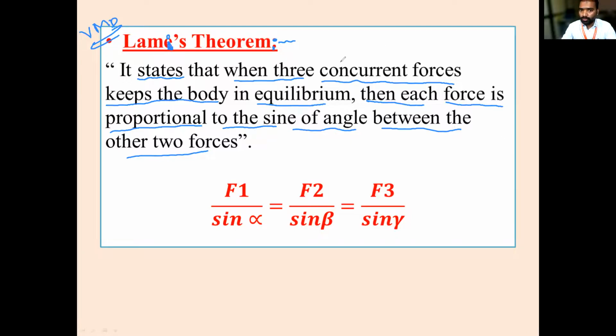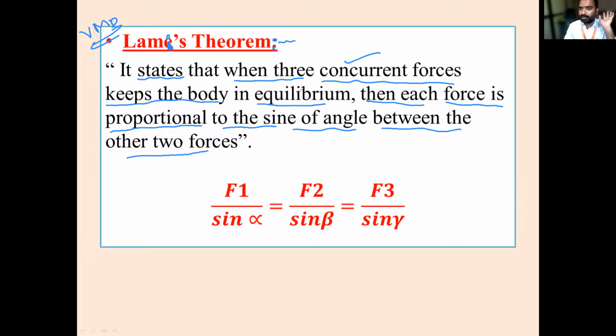Now you know what concurrent forces means? All the forces are passing through the same point. In order to apply Lami's theorem, the force system should be a concurrent force system. And one more thing, the body should be in equilibrium. There should not be any disturbance.